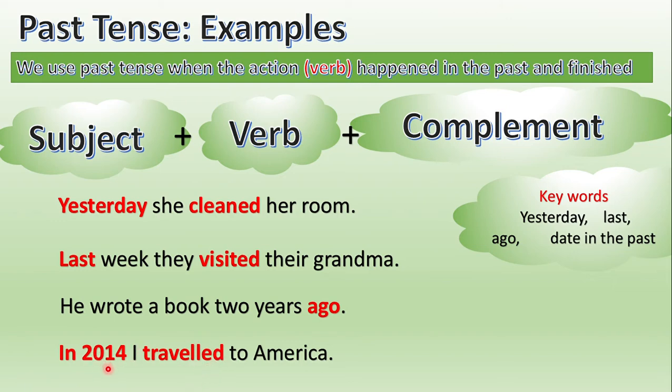Because it finished. It happened in 2014 and it finished. I traveled to America. And my sentence must be correct. I, the subject, traveled, the verb, to America is the complement.